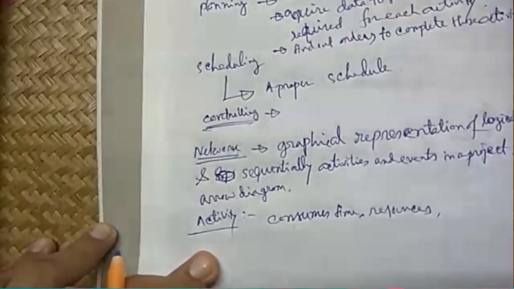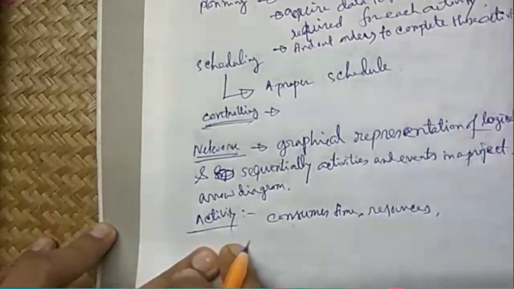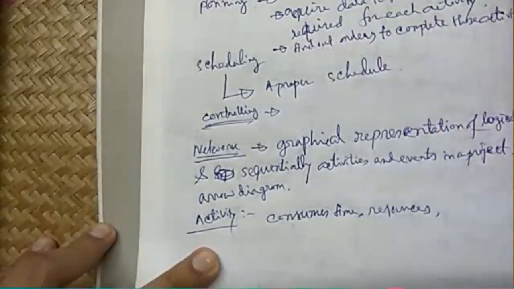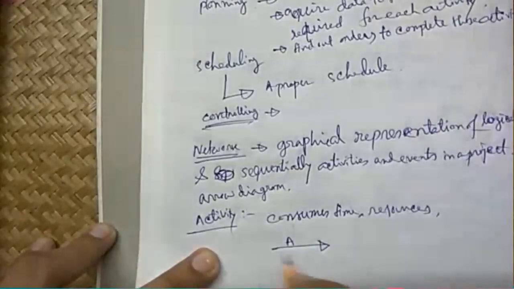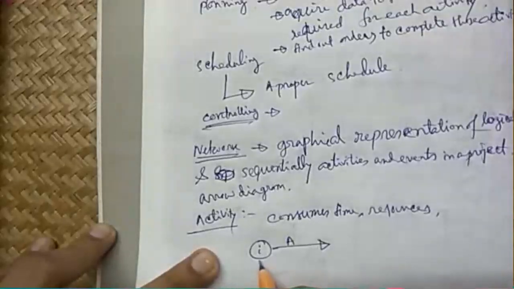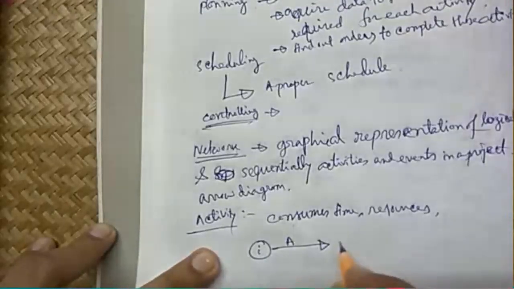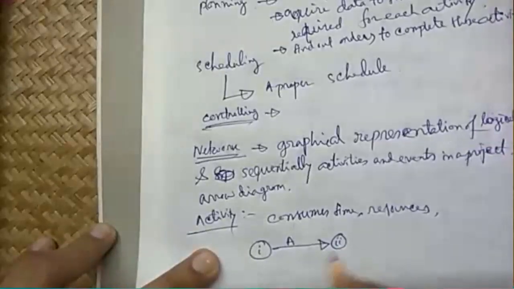So this is a part of a project, and each activity has a point where it starts and where it ends, and it is represented by an arrow. This arrow is called activity, and it starts from an event which is denoted by I and which is called predecessing event, and this one is called head event and this is called tail event.